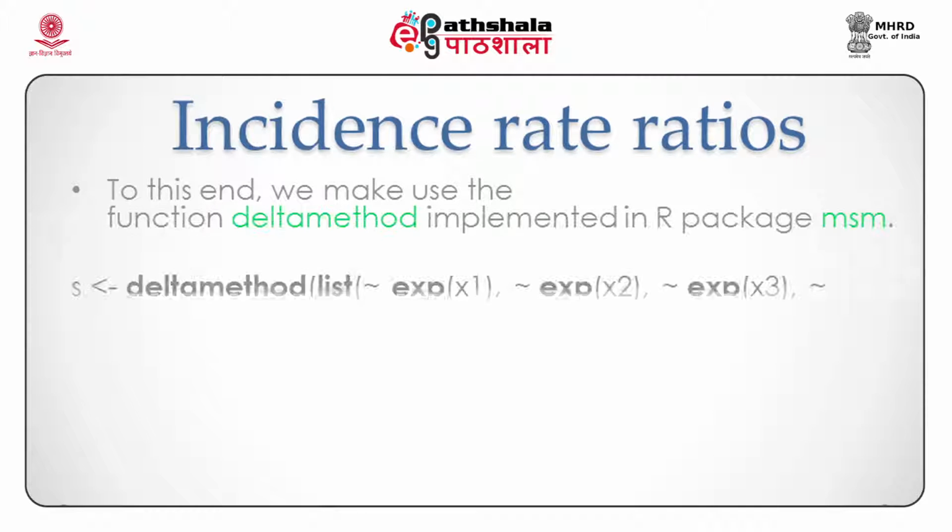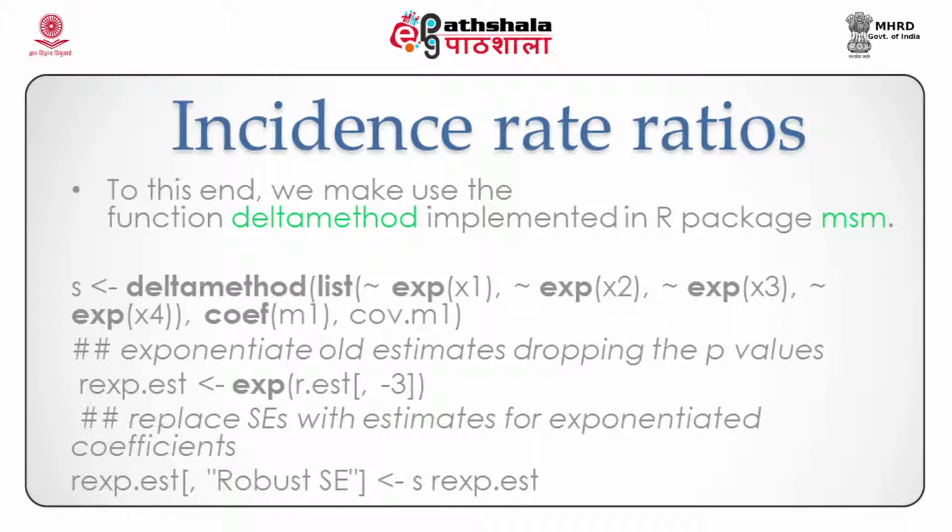One way to present the output could be to present it in the form of incidence rate ratios. These are obtained by exponentiating the coefficients. We would, of course, have to obtain the corresponding standard errors and confidence intervals. This can all be done by calling the R package msm. This has a function deltamethod, and here we have used the delta method on the M1 object and stored the results in the R object s.